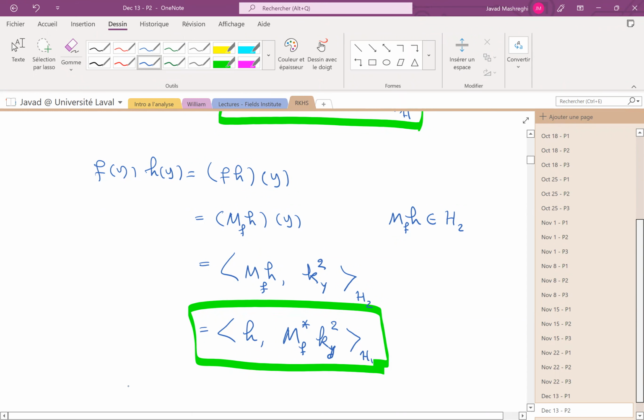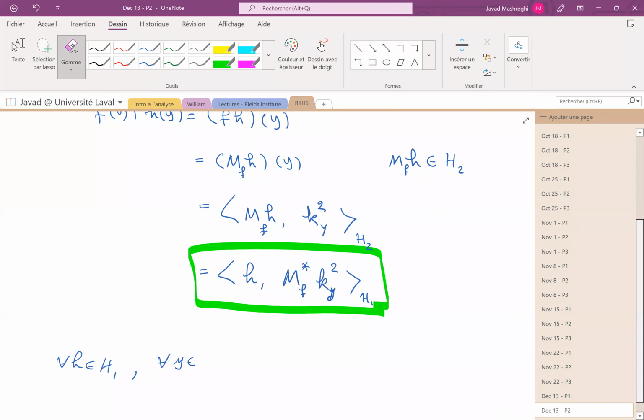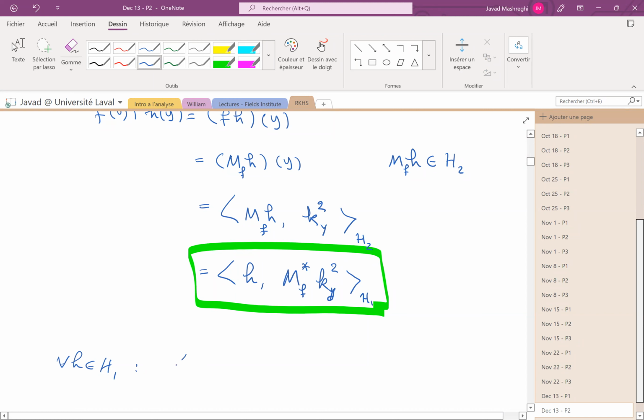So for any h, and y is fixed, I don't need to mention that, the inner product of h with F(y) bar K_y^1 in H1 is equal to the inner product of h with M_F star K_y^2.